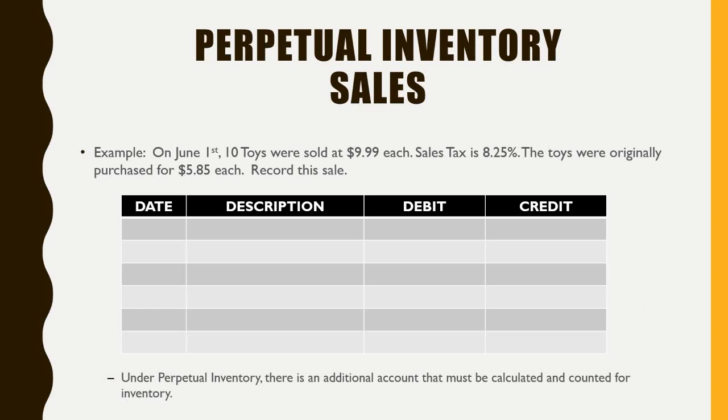Okay, so how do we record this sale? Note that under perpetual inventory, there is an additional account that must be calculated and included when we journalize this.